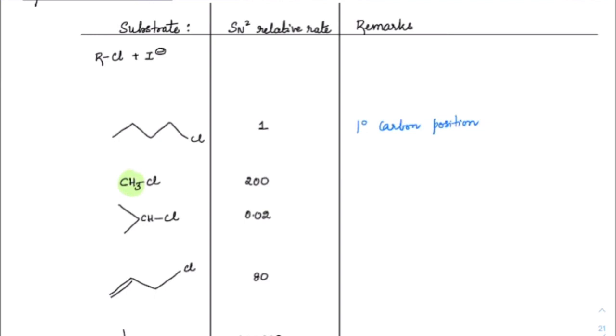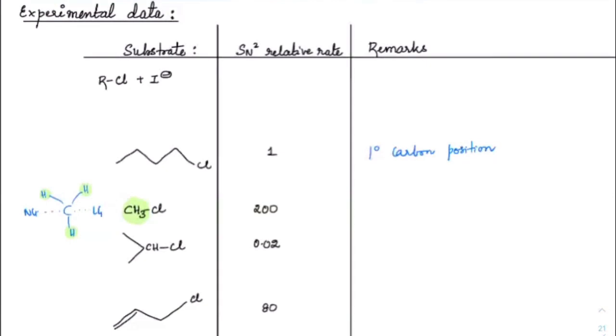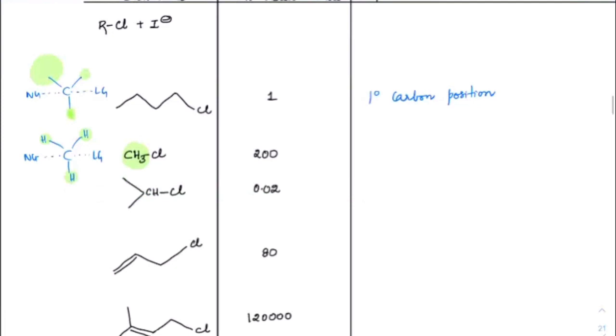In the transition state it will only have 3 hydrogens, along with the leaving group and nucleophile, and hydrogens are very small, so they will hardly give any steric hindrance to the incoming nucleophile. But in the case above, where the nucleophile approaches and the leaving group goes, one of the groups is very bulky, the butyl or propyl group. The rest two are hydrogens, but because of that bulky group, CH3Cl will definitely have a very high rate.